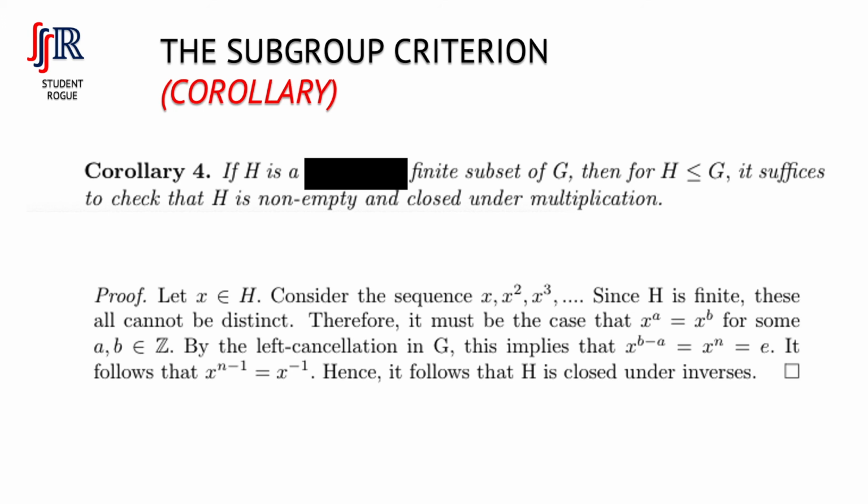Note that since H is finite, these elements cannot all be distinct; it has to repeat itself at some point. If all powers of X until infinity are distinct, then H must be infinite. But H is finite, so all these elements cannot be distinct.